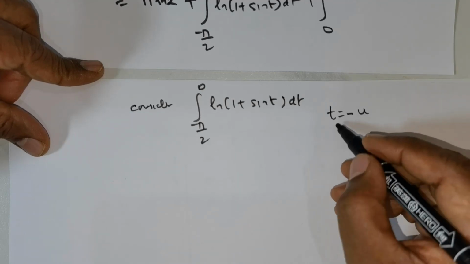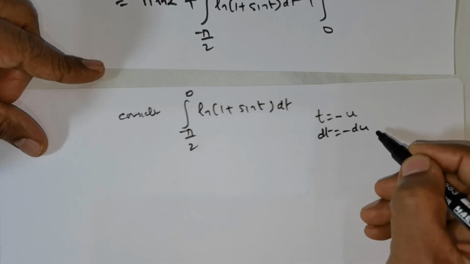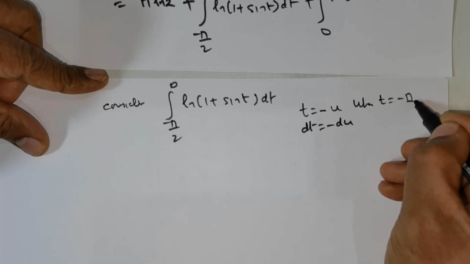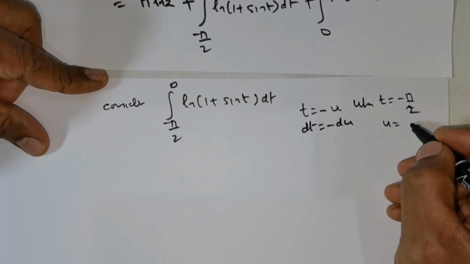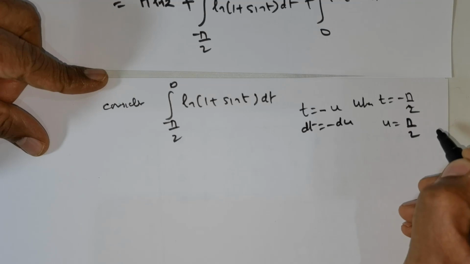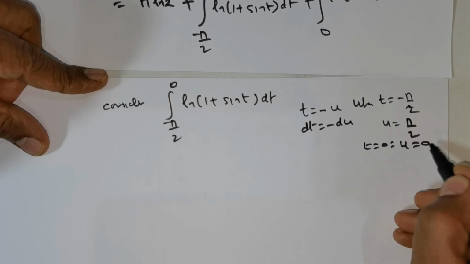So dt is equal to negative du, and when t is equal to negative pi over 2, u is equal to pi over 2, and when t is equal to 0, u is equal to 0.